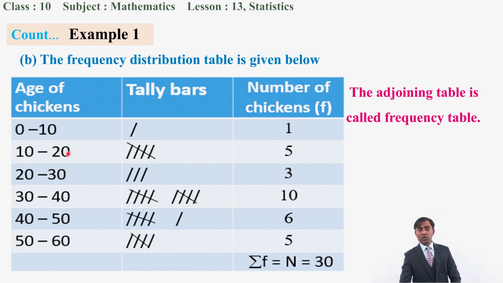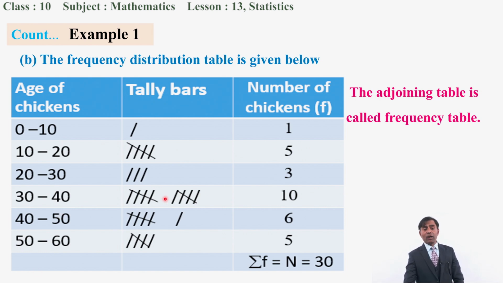So for age of chicken 0 to 10, there is only one data, that is 3, which is 1. Okay, 10 to 20, this is 5, represented with tally bars. Similarly 20 to 30, 30 to 40, let's count from the previous data which we continue from example 1. Look at 30 to 40.